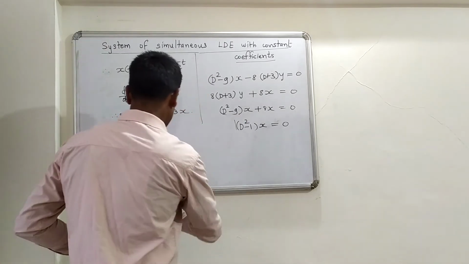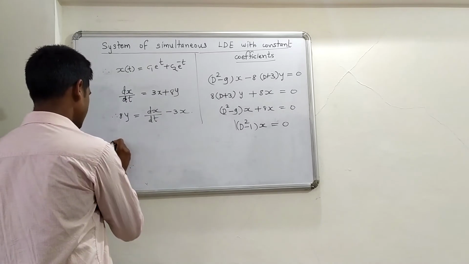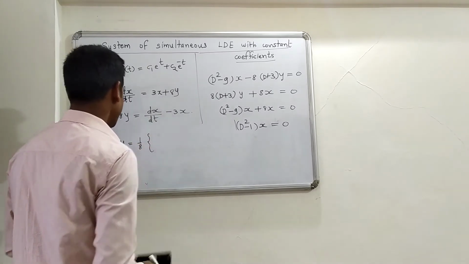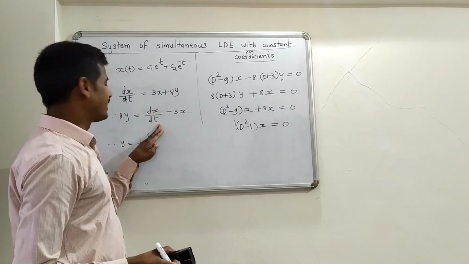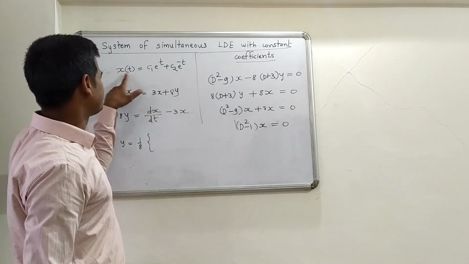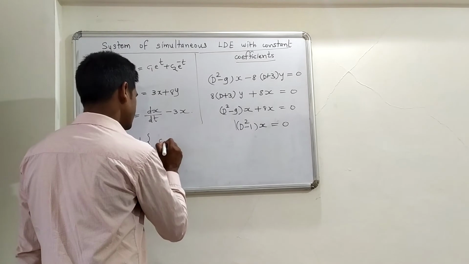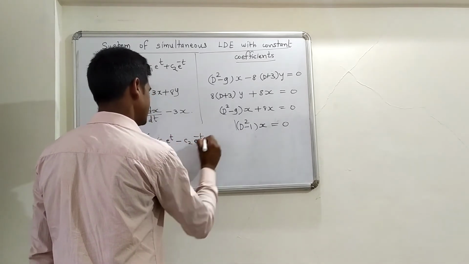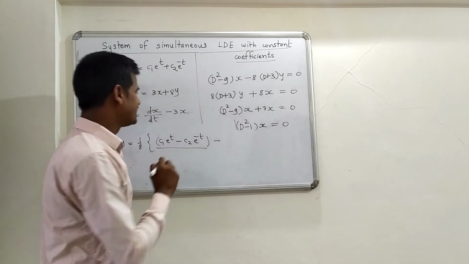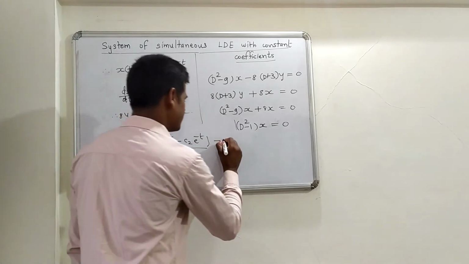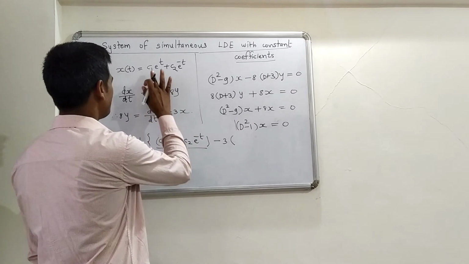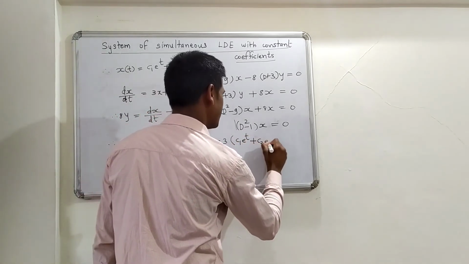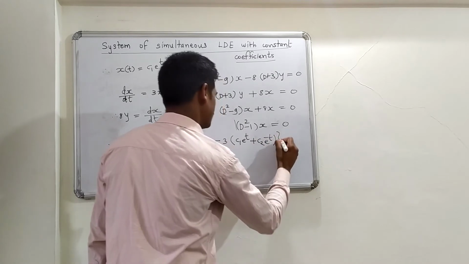Now let us calculate the value of y. So y = 1/8 (dx/dt − 3x). What is the differentiation of x with respect to t? It is c1 e^t − c2 e^(−t). This is the value of dx/dt, minus 3 times x. So what is x here? c1 e^t + c2 e^(−t). Close the bracket.